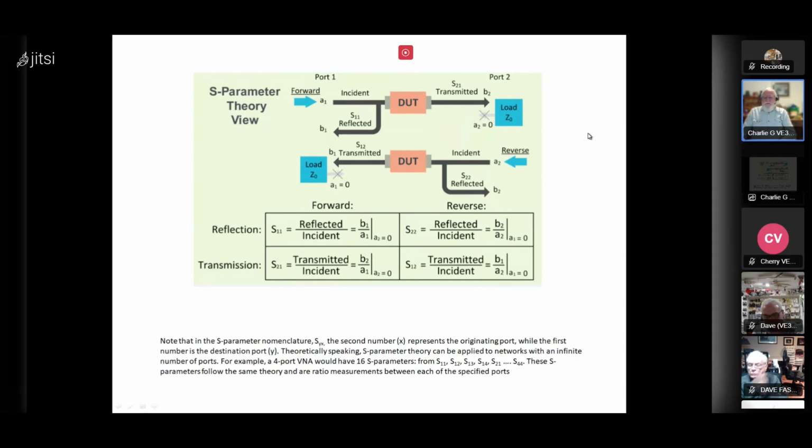NanoVNA, 2 ports, and for the stuff we do, that's probably more than enough. I can't honestly think of an application where you would need more than 2, but if you can spend the money, get a VNA that will allow you to do those measurements.